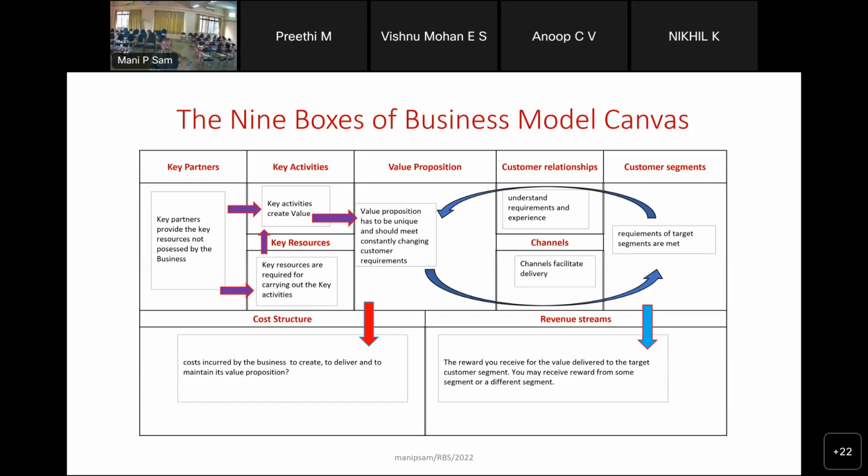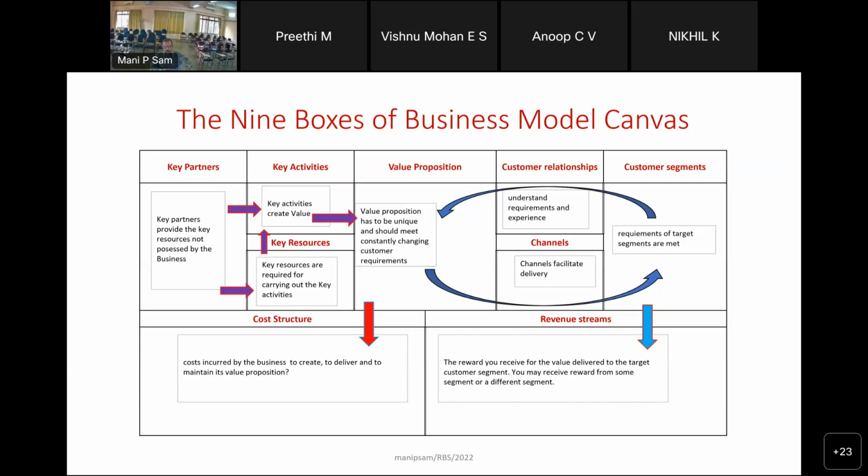So that is why the connecting arrows show key resources to key activities, key partner to key activities, key partner to key resources, or finally the key activities creating the value proposition which is delivered to the customer to meet the customer requirements, and the customer relationships and the channel ensure delivery, and the customer relationship is gaining all the feedbacks, requirements, changing environment, everything from the customer segment.